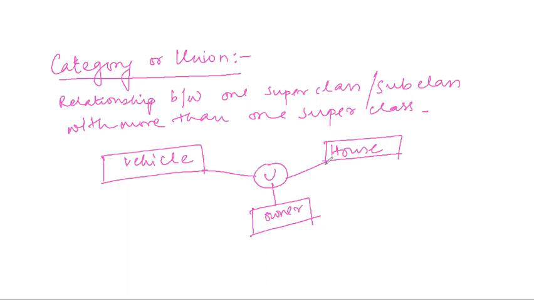House can be a subclass also. Suppose there can be another superclass named buildings in which houses are forming. So the relationship between the various superclasses and subclasses can be anything. So this is an example of union relationship where owner is the common one. There are two superclasses, vehicle and house, and owner is the subset of these two superclasses.